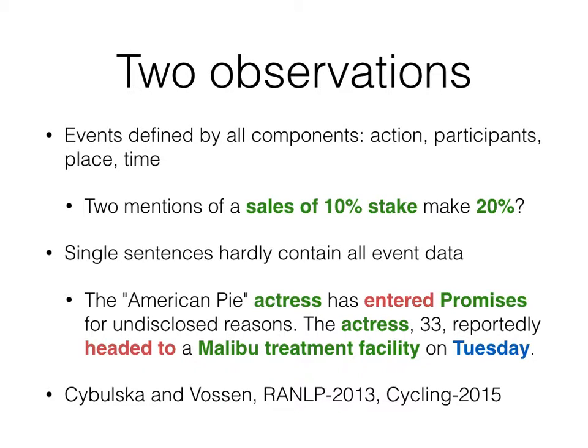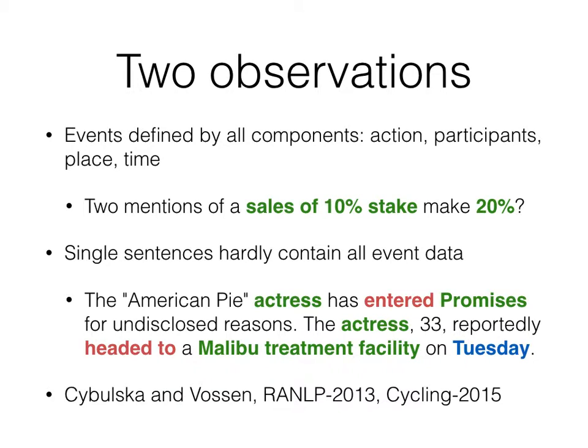The sales example makes clear that a difference in one of these components can already imply that we're dealing with different events. So if people talk about sales of 10% between the same participants with the same roles but happening on different dates, this implies that two different events took place, and we can add up the 10% to a total of 20%.